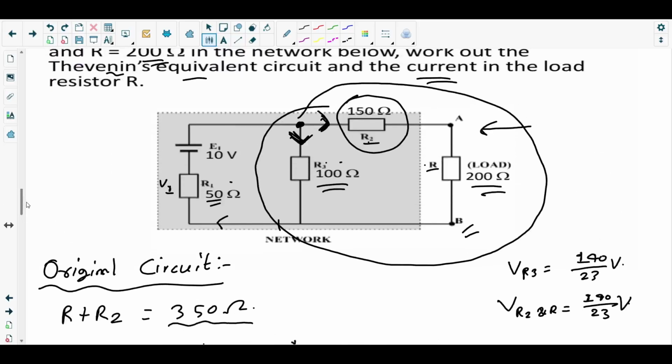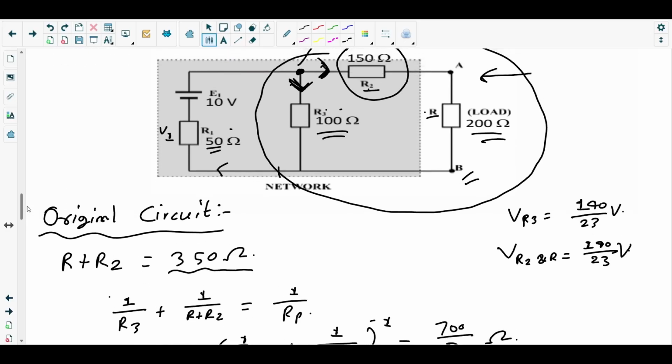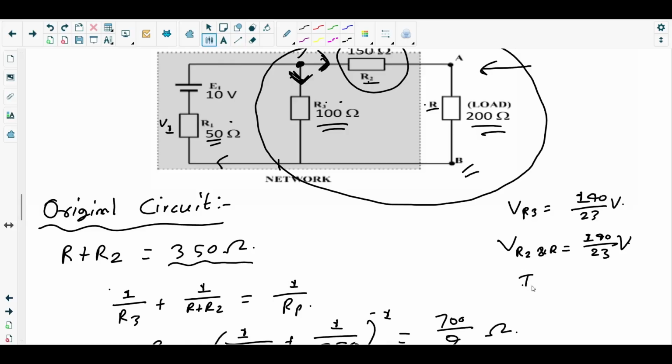Okay, so using the voltages you can find out the current. Current through R3, I equals V over R. So 140 over 23 volt over the resistance for R3, which is 100. So you get 140 over 23 over 100, which is 7 over 115 amps.